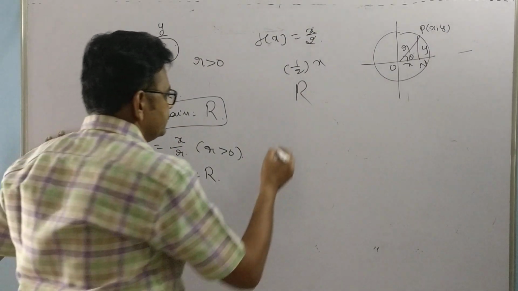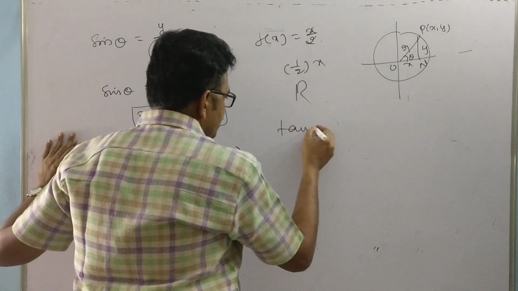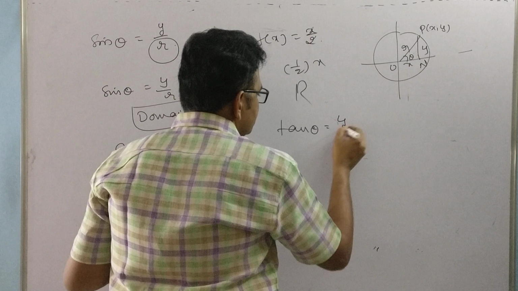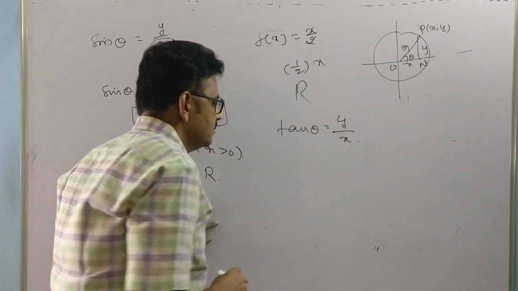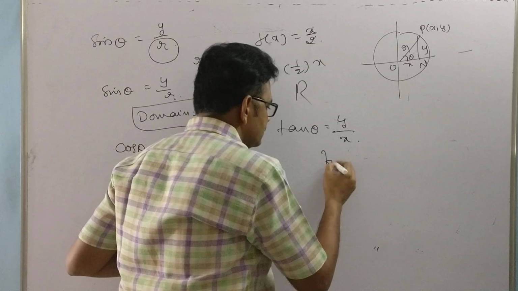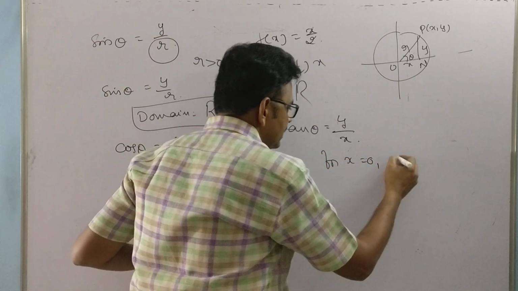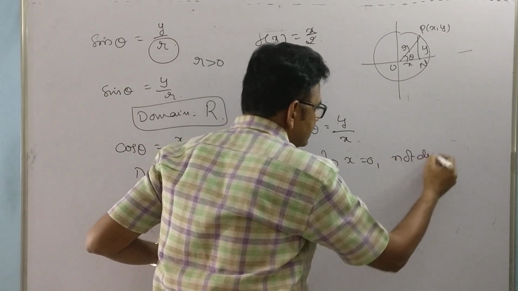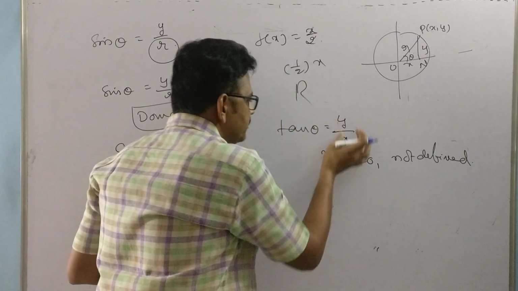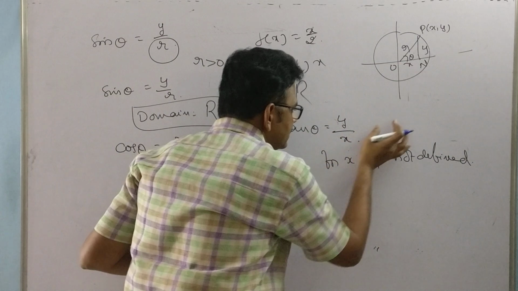Next, tan theta. What about tan theta? Tan theta means y by x. So for x equal to 0, it is not defined. Something by 0, that is undefined.